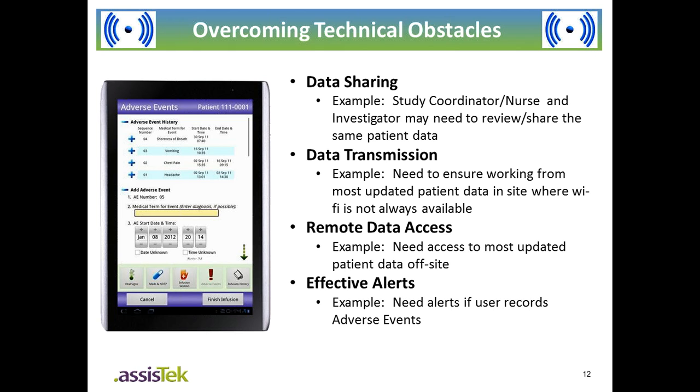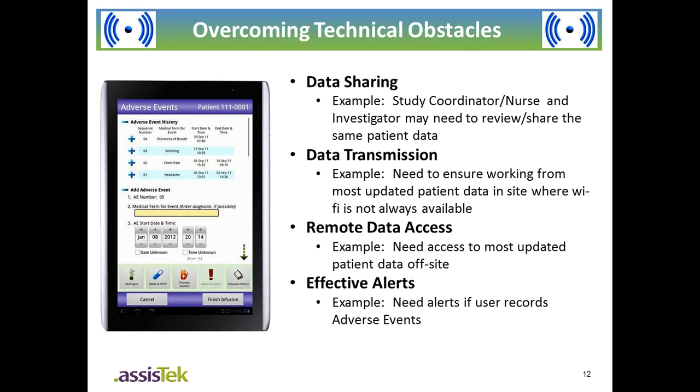Effective alerts. The other thing that's probably important when you're implementing an eSource type of solution is that you can take advantage of having this technology. So for example, if an AE is captured that the user indicates may be related to the investigational product, and you want the investigator to be alerted of that right away, the eSource solution should also include an effective alert process.